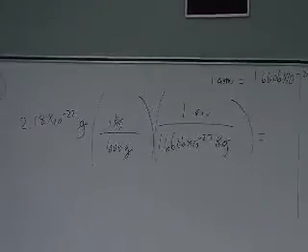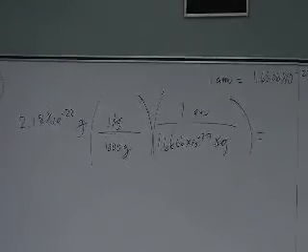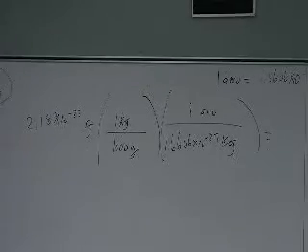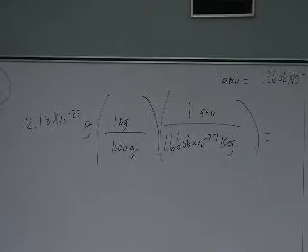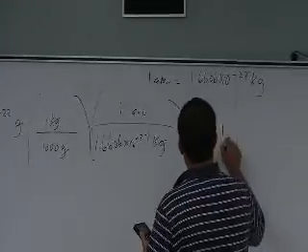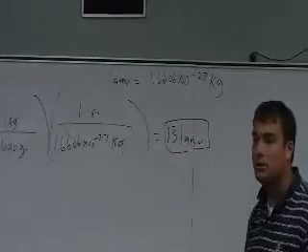All right. Now, calculator, I've got it over here. So here's what we've got. We have got 2.18 times 10 to the minus 22 divided by 1,000, divided again by 1.6606 times 10 to the minus 27. That's going to be 131 atomic mass units. So what does that mean?